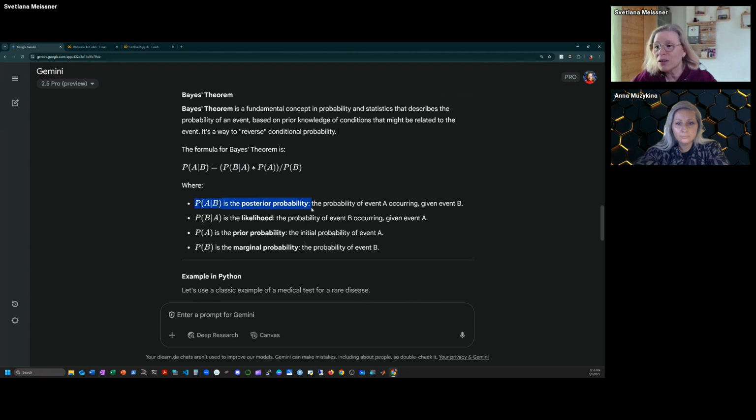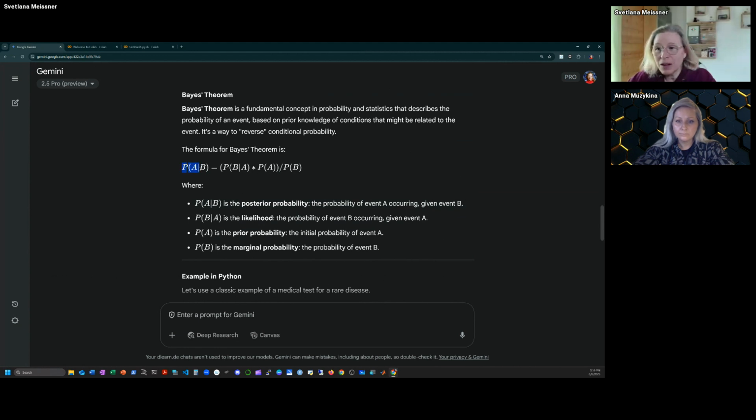So the posterior probability, the probability of event A occurring given event B. And otherwise the likelihood, the probability of event B occurring given event A. And what we also need to know is the general probability of event A and the general probability of event B. All these possible combinations of probabilities are described by Bayes theorem, which is just saying that if you are traveling from B to A or from A to B, then they are connected.